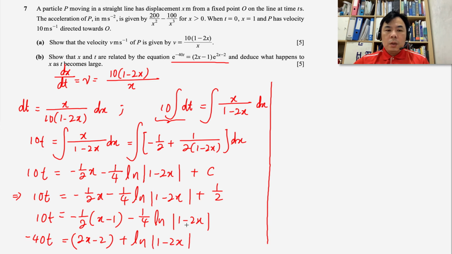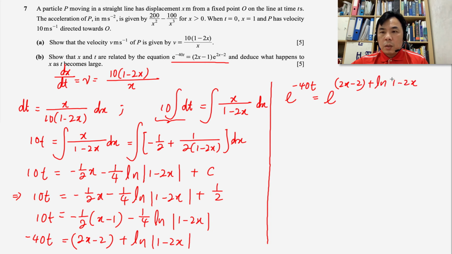There you have it. And then from here, all I need to do is just, well, you can apply the anti-log, right? So if you apply anti-log on both sides, it will become negative 40t equal to anti-log 2x minus 2 plus ln 1 minus 2x.